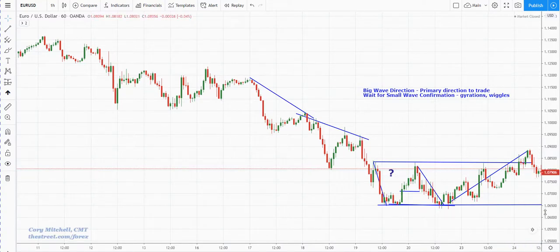Well, we can look for smaller waves to the downside and bigger waves to the upside, because that'll tell us the trend is reversing. In this case, we're just analyzing the wiggles. We already know the trend direction is now up, but we want to get confirmation from the wiggles.